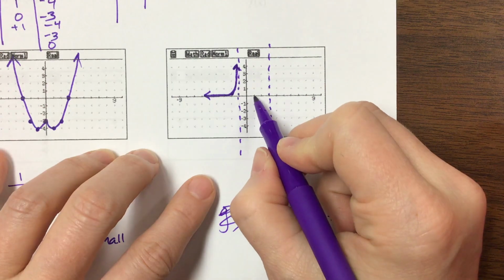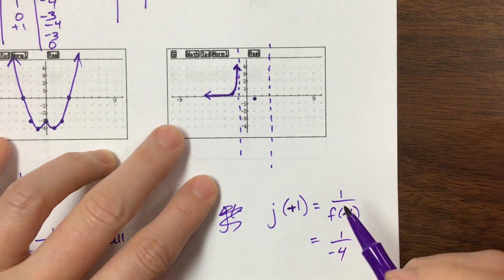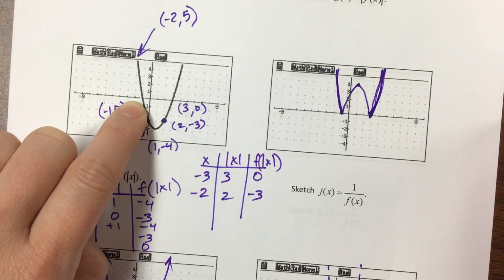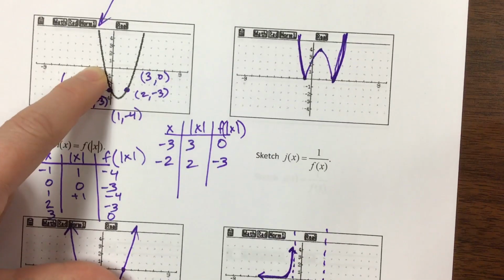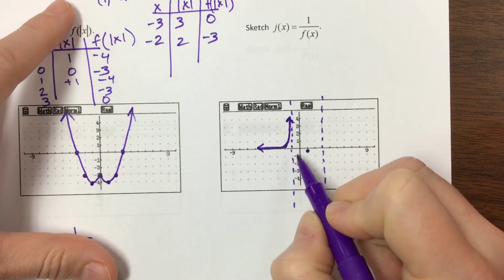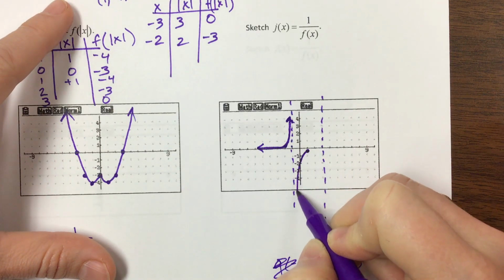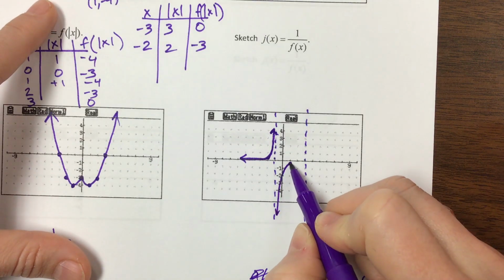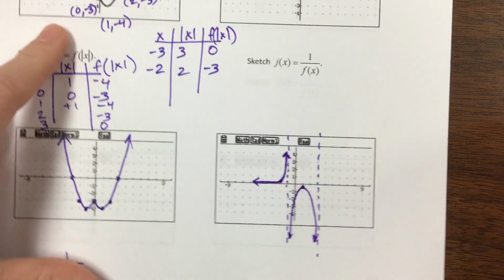And so at +1, I'm somewhere in here. And then as these values got closer, they got smaller and smaller in the negative direction, its reciprocal is going to get bigger and bigger in the negative direction. And then same thing happens over here. Something like that.